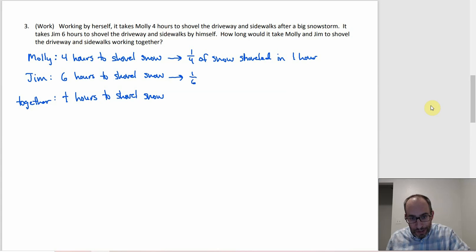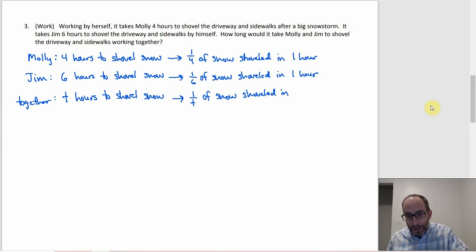So 1/6 of snow shoveled in 1 hour. And then t hours working together, well then in 1 hour they would do 1/t of the snow. So 1/t of the snow shoveled in 1 hour.